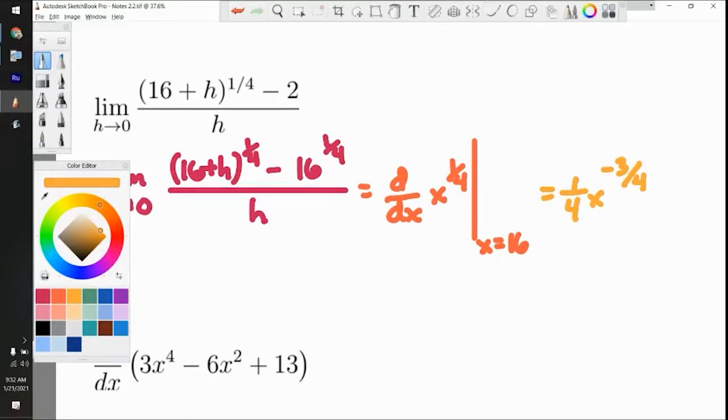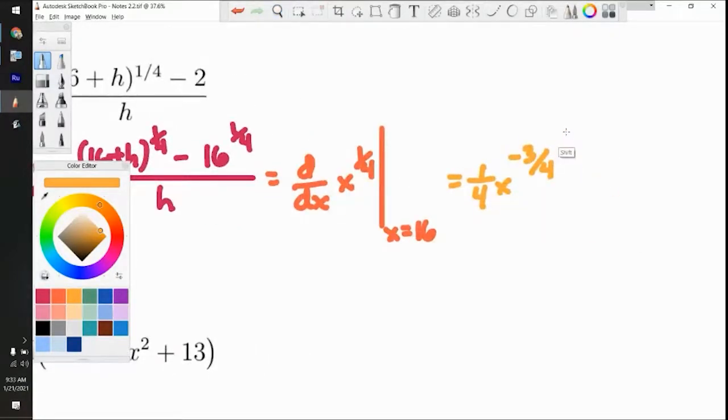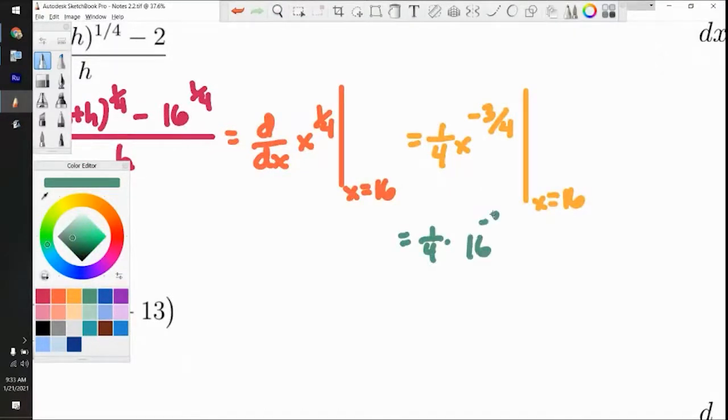Okay? All right, and then we are going to plug in, well, I should have plugged in 16 right away in there, because now I end up just rewriting this again, but that's okay. So this is going to be 1/4 times 16 to the negative 3/4 power.